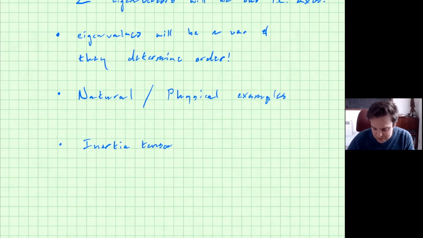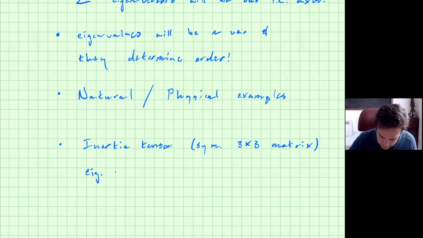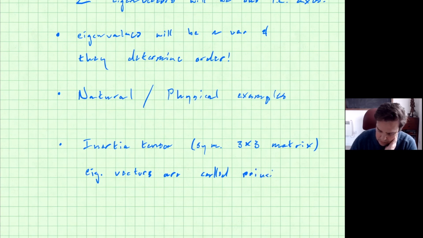And that can be represented as a symmetric 3x3 matrix in classical physics. Its eigenvalues and eigenvectors really determine things; the eigenvectors themselves are called the principal axes of rotation, or principal rotation axes.